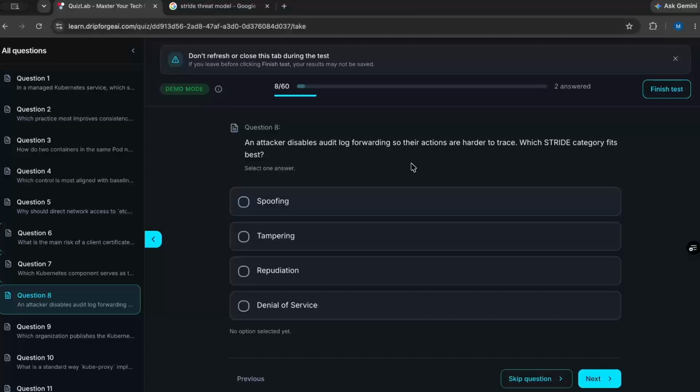So accountability is demised, and when accountability is demised, we are dealing with repudiation. Disabling audit log forwarding so their actions are harder to trace. That is the key phrase: harder to trace. We go with repudiation, but let's read the last one. Denial of service.